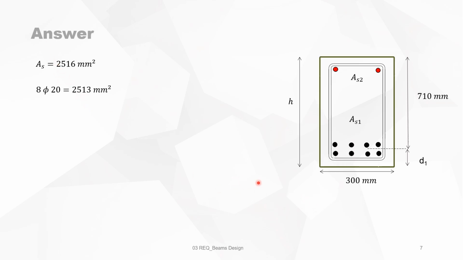But we have to look at how we are going to put those 8 diameters 20 into the cross section. First, look at how many bars we can put horizontally in one layer.